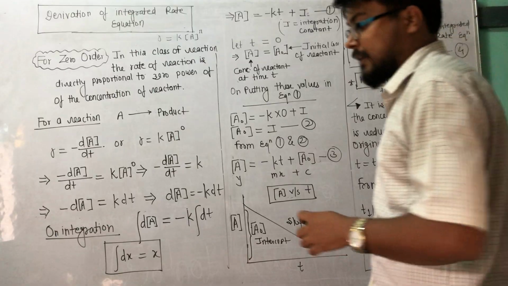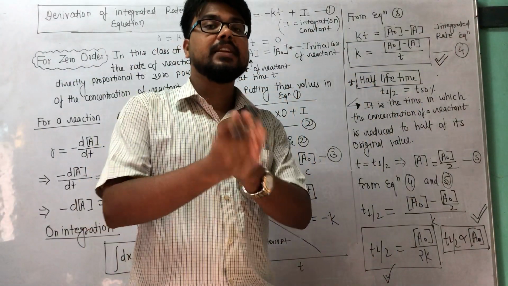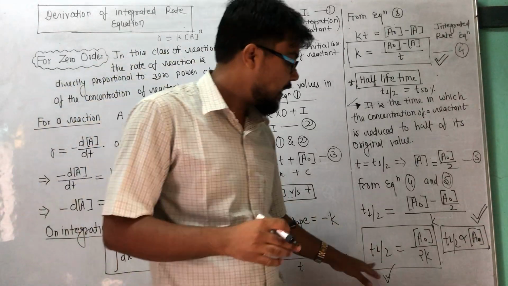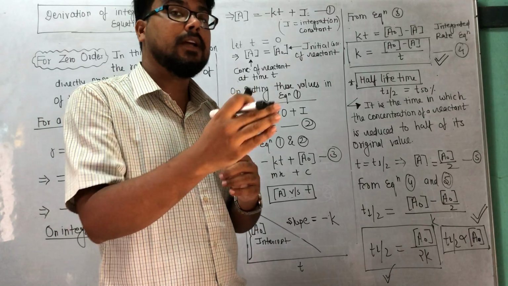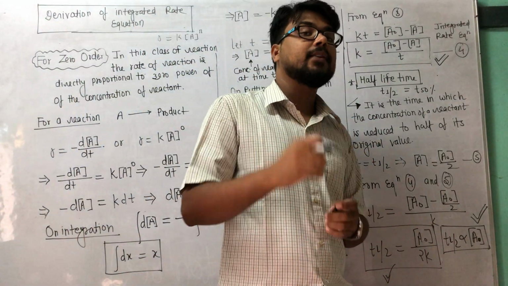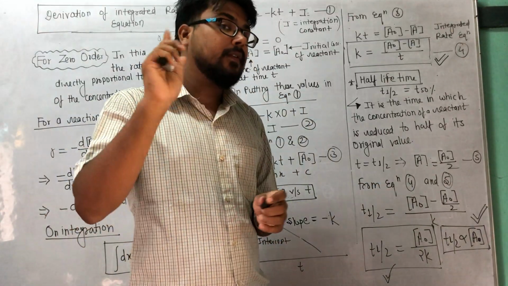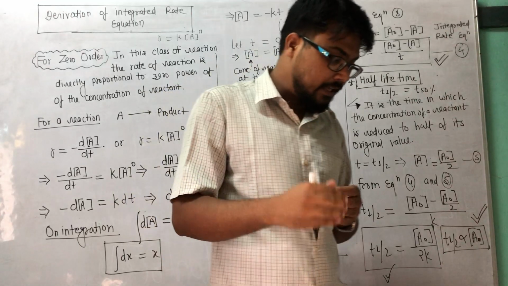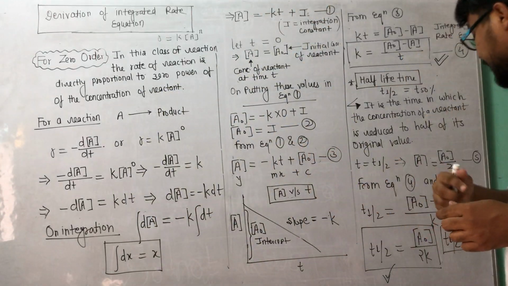A statement question, assertion reason question, or some tricky reasoning question can be asked from here: for which order of reaction is T half directly proportional to the initial concentration of reactant? It is for zero order. When we see first order, it is independent of the initial concentration of reactant.